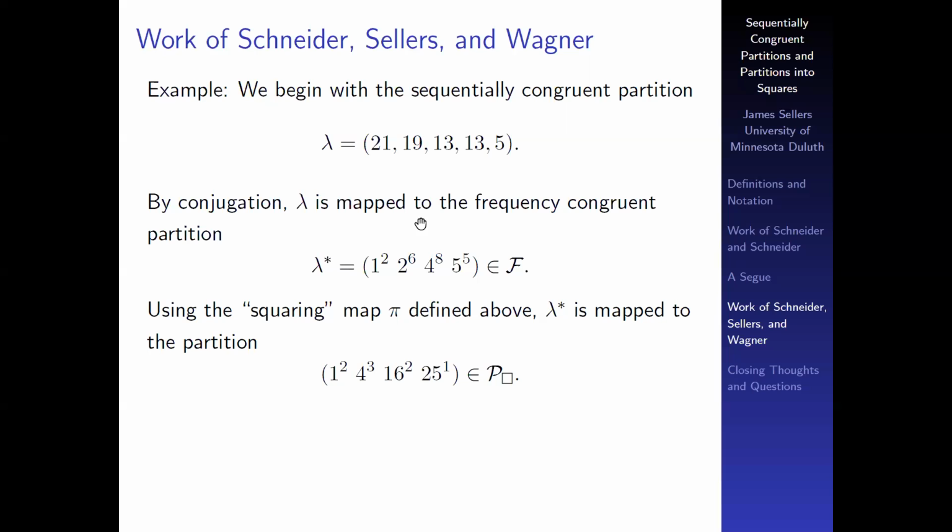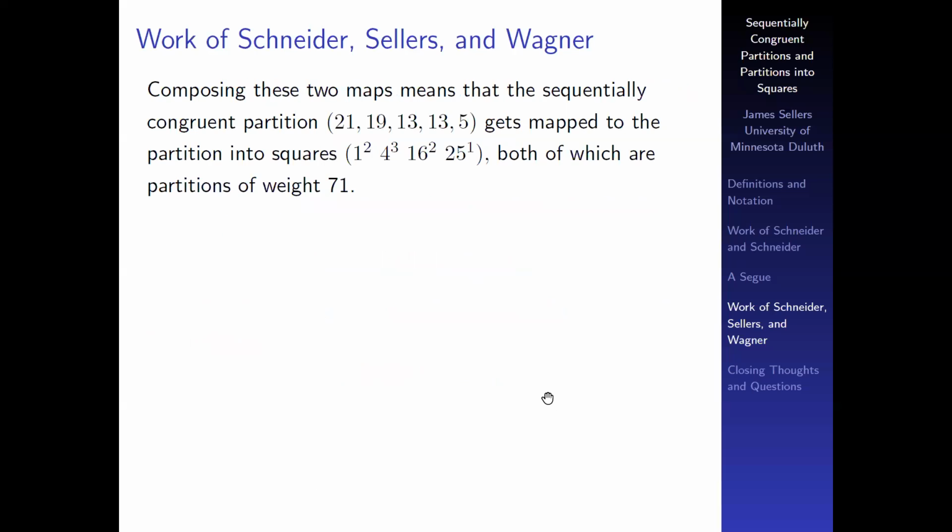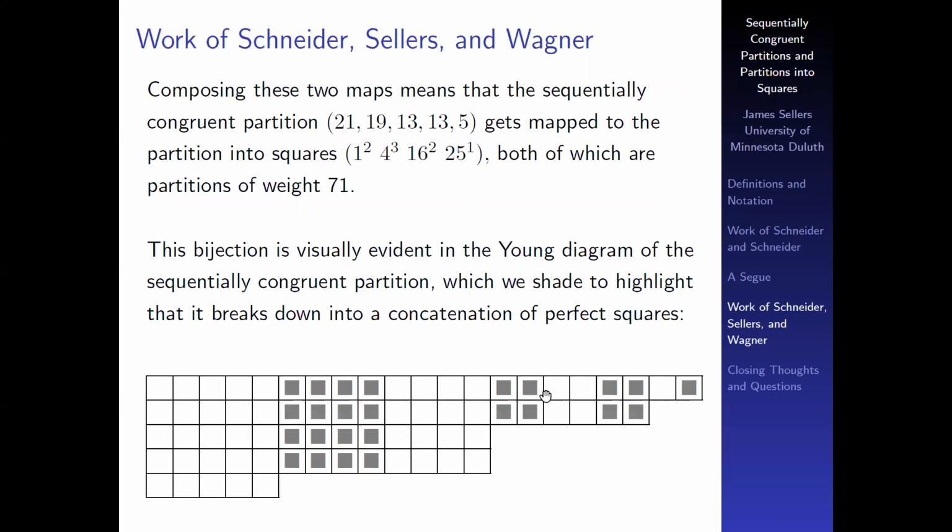But I think the important thing is to realize what happens from the top here to the bottom if you write these in Ferrers graphs or Young diagrams. This is the Young diagram if you ignore the gray boxes, for 21 in the first row, 19 in the second row, 13, 13, and 5. So this sequentially congruent partition is just a regular Young diagram.